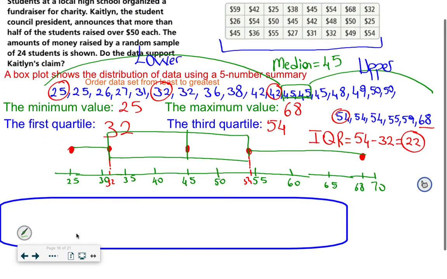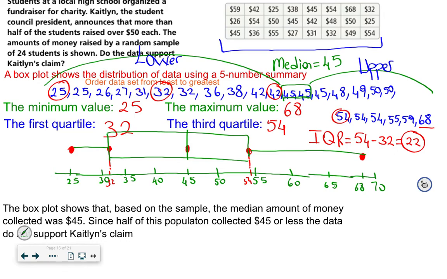So according to that information, the box plot shows that based on the sample, the median amount of money collected was $45. Since half of this population collected $45 or less, the data do not support Kathleen's claim. So this is how we are using the box plot method.